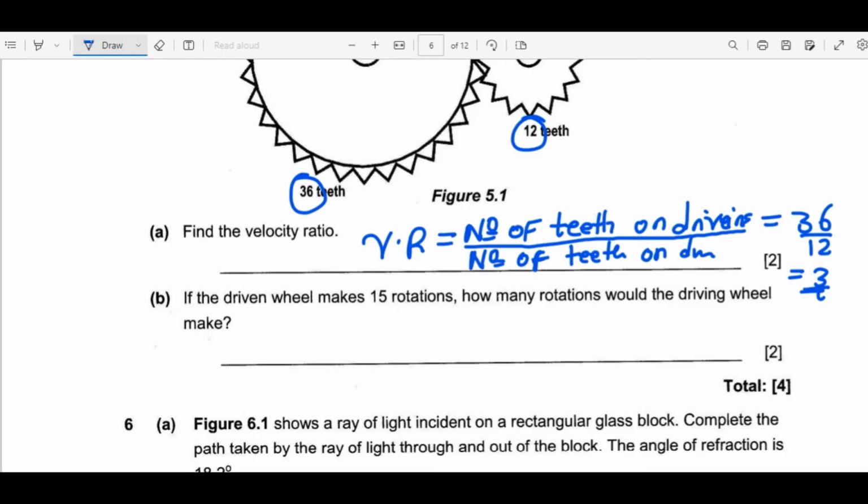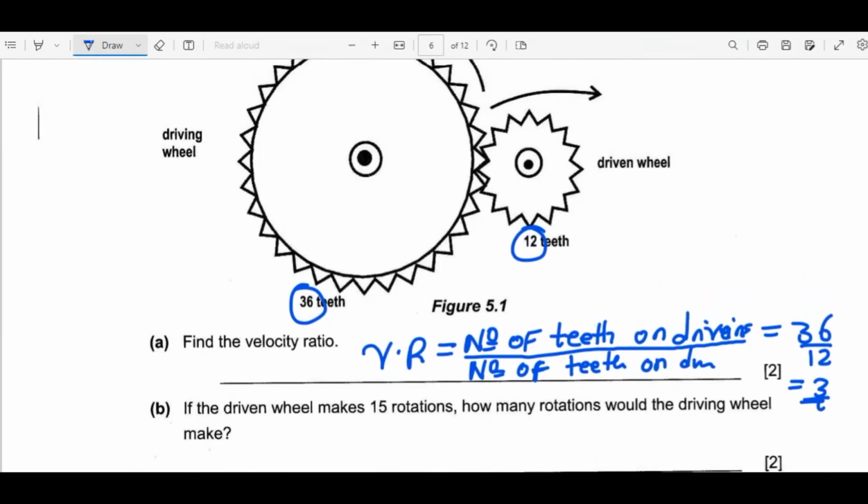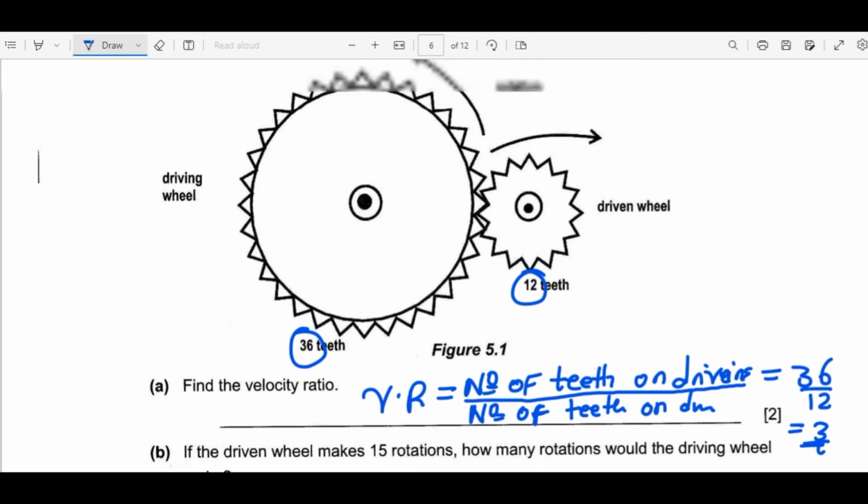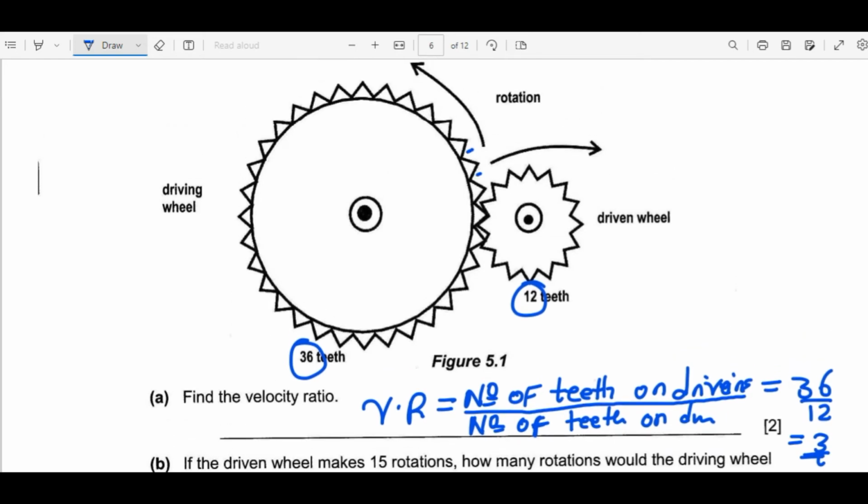So before we make any calculations, the one with more teeth will make fewer rotations compared with the smaller one. The driven wheel has 12 teeth, so if we count 1, 2, 3, 4, 5, 6, 7, 8, 9, 10, 11, 12, from here up to here we can count 12 teeth.